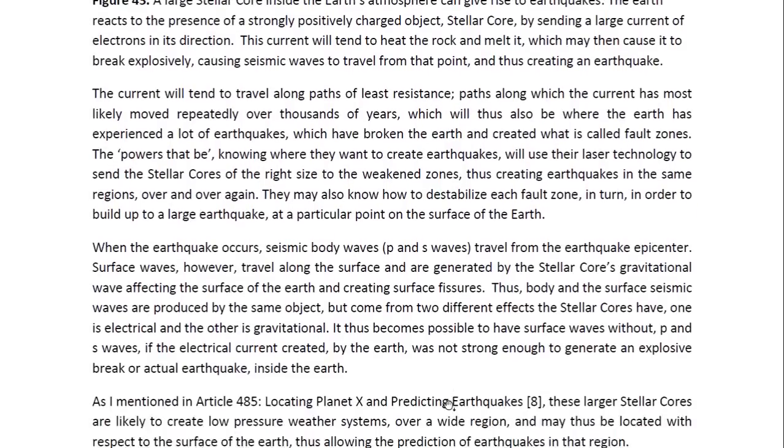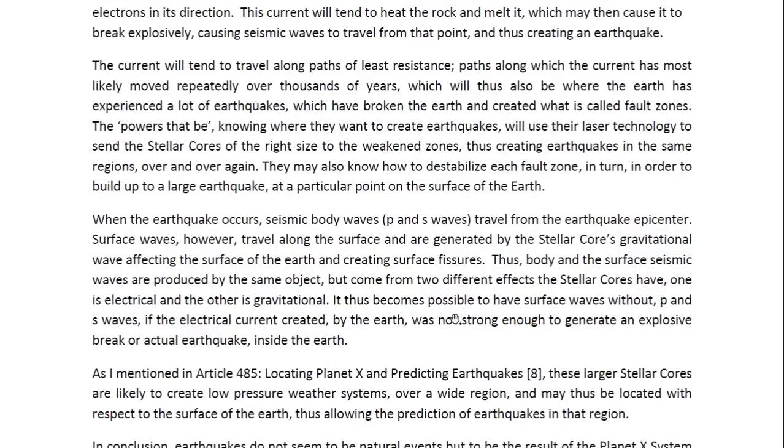When the earthquake occurs, seismic body waves, P and S waves, travel from the earthquake epicenter. Surface waves, however, travel along the surface and are generated by the stellar core's gravitational wave affecting the surface of the Earth and creating surface fissures.